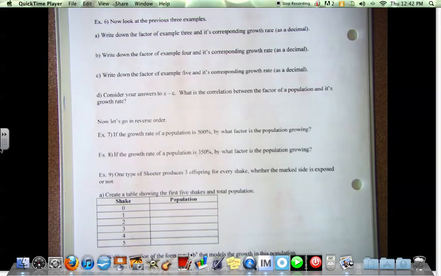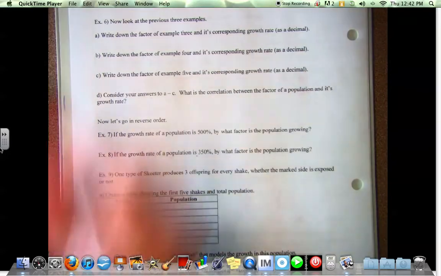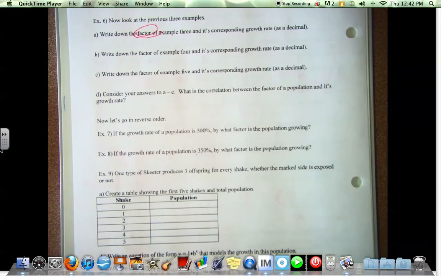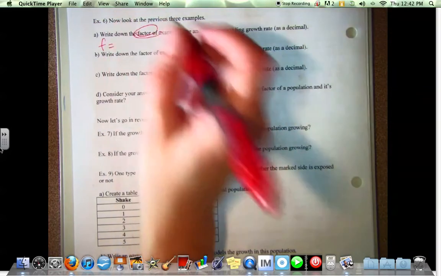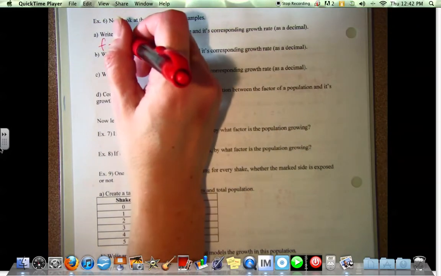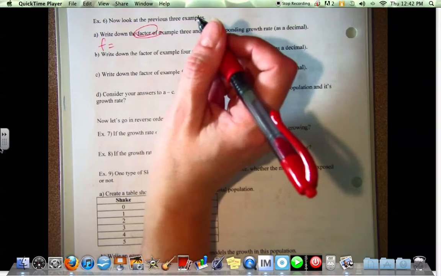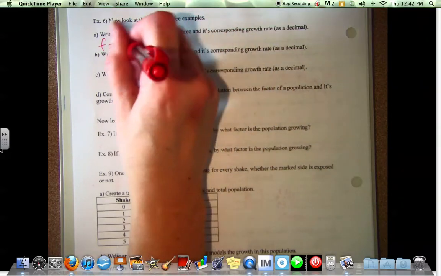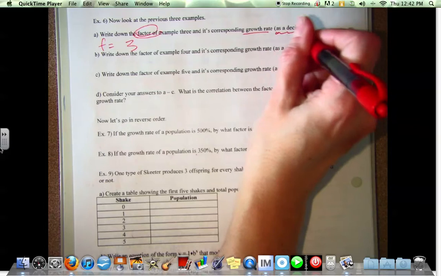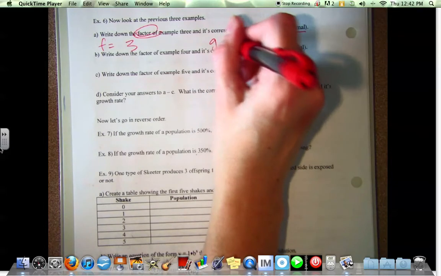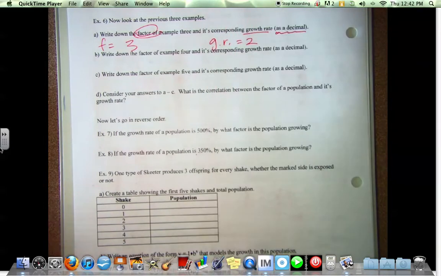Example 6. Write down the factor of example 3. What's the factor for example 3? 3.5. And its corresponding growth rate as a decimal. 2.5.